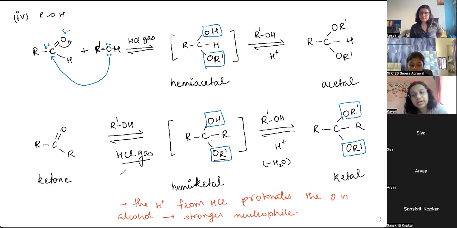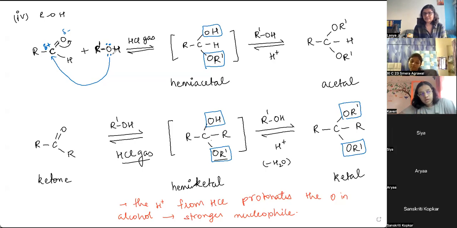Ma'am, could you explain the mechanism once, of how the ROH part works? I don't understand. See, this carbon has delta positive, slightly electropositive.